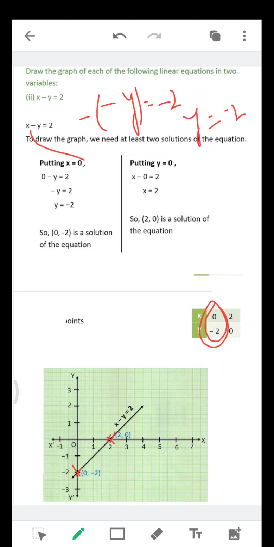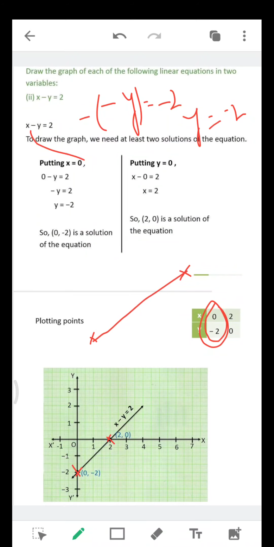After plotting this, how many points do we need? We need minimum 2 points to draw the graph. Because if I have only 1 point, I cannot draw a line. If I have 2 points, I can draw a line joining these 2 points. So we need minimum 2 points.